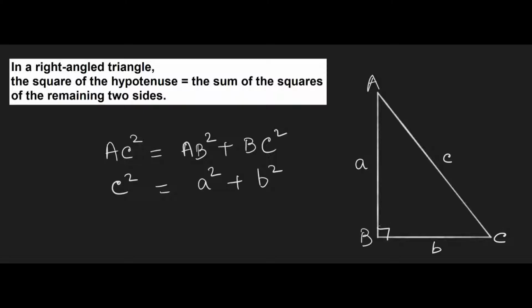So how do you prove that in a right-angled triangle, C square, the hypotenuse square, is equal to A square plus B square? Note that the area of a square with side S is given by S multiplied by S, which is S square.